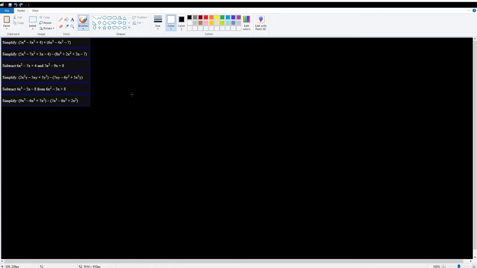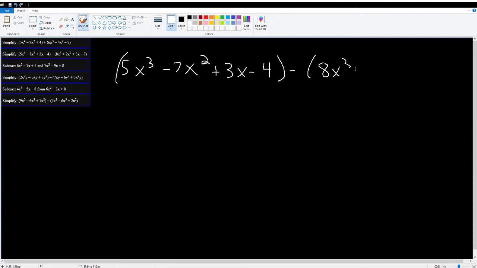All right, let's do the second one. It says simplify 5x cubed minus 7x squared plus 3x minus 4, in parentheses, minus 8x cubed plus 2x squared plus 3x minus 7.